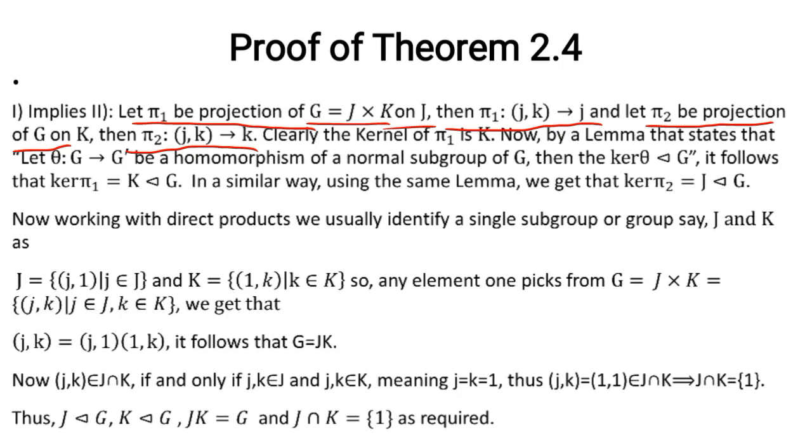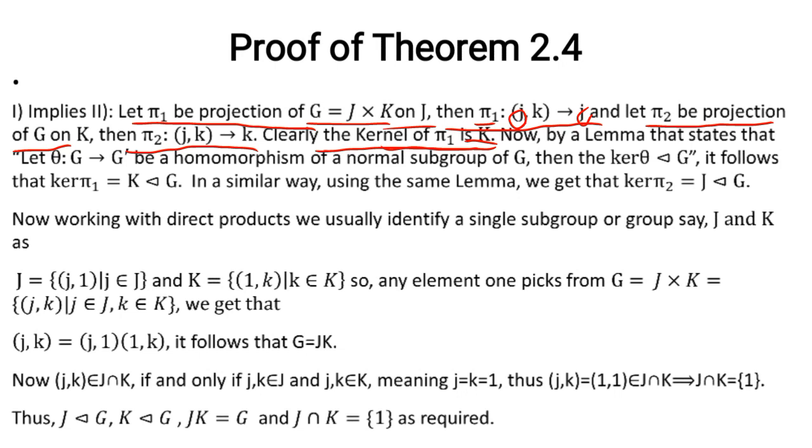Now, with what I told you earlier, it is clear that the kernel of pi 1 is K, because pi 1 maps G to small letter g, and K is not there, meaning it has gone to the identity. So the kernel is capital K.